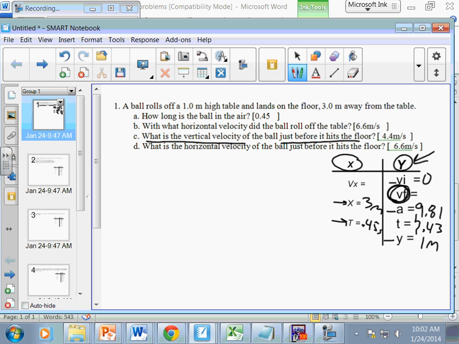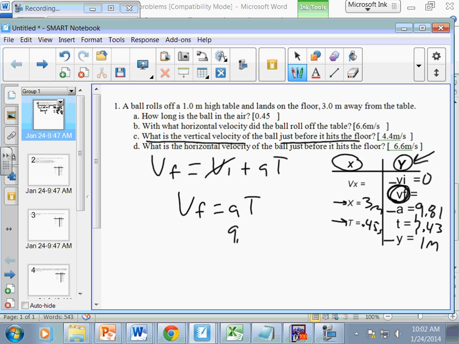So I could use any of the equations. Simplest one is one that's already solved for: Vf equals Vi plus at. In this case Vi is 0, so that cancels out. So it simplifies to Vf equals a times t.